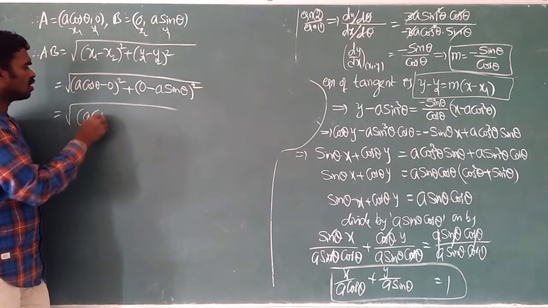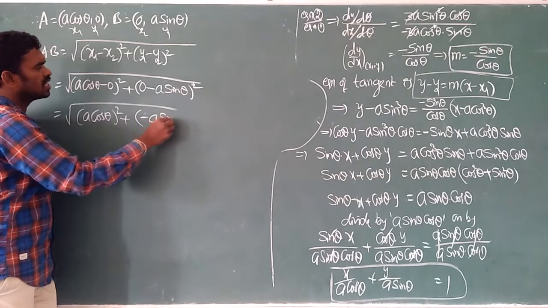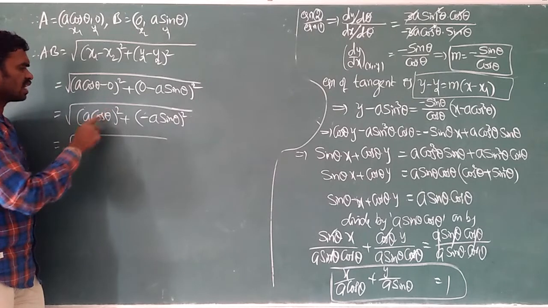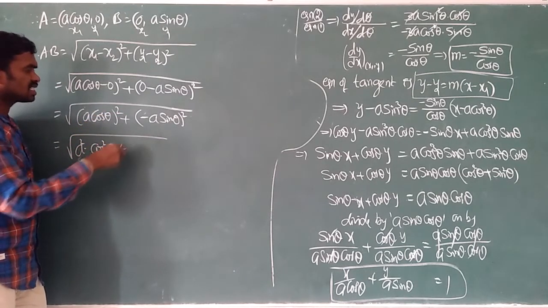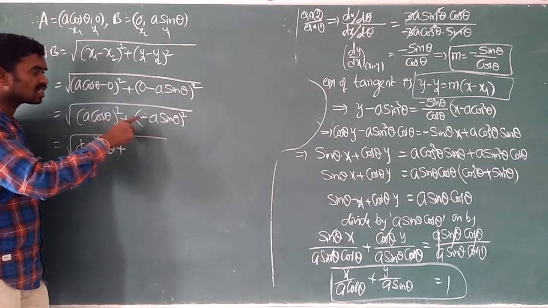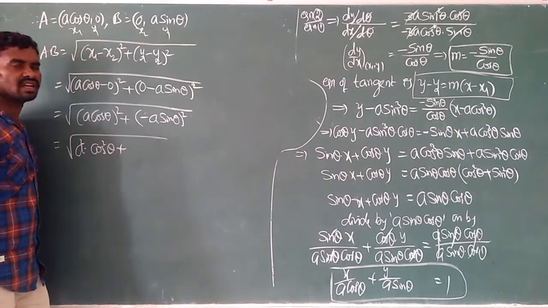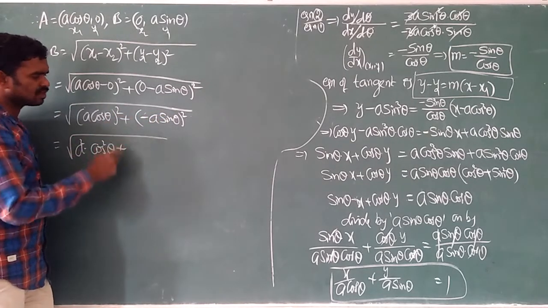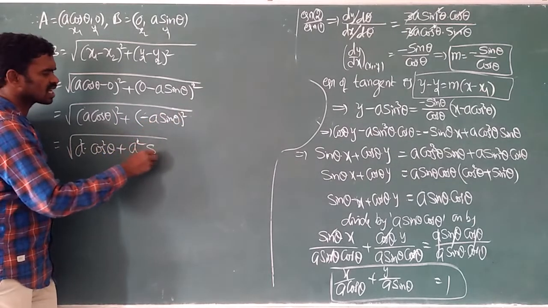So A cos theta whole square plus here minus A sin theta whole square. So which is equal to A square cos square theta plus, don't think plus into minus, because this minus has a square. So minus square becomes minus into minus, plus. So plus into plus, plus. And A square means A square, sin square means sin square.